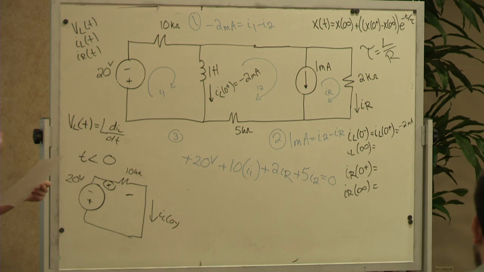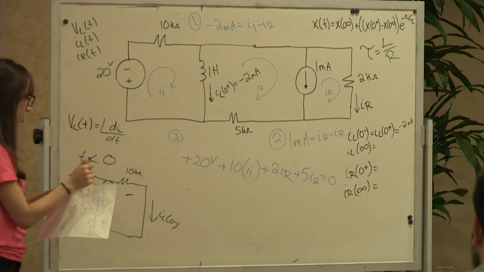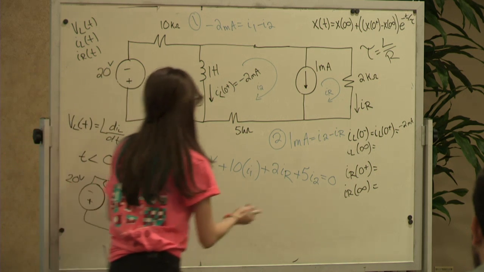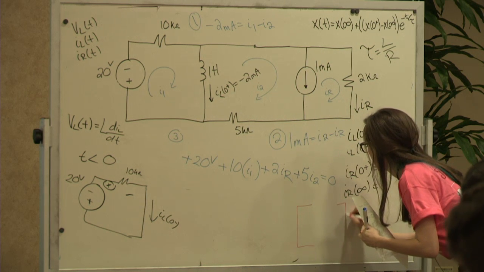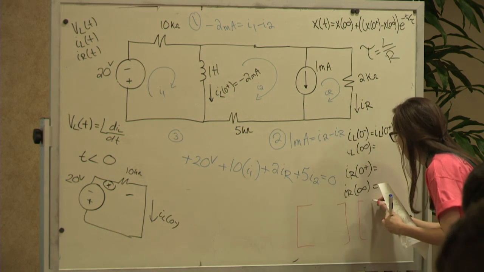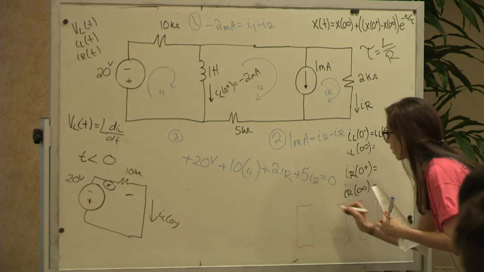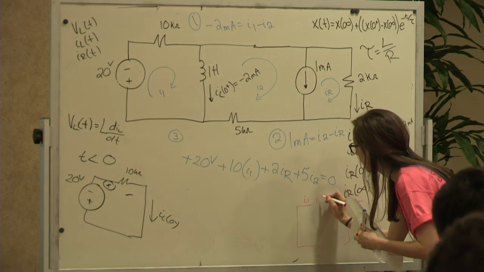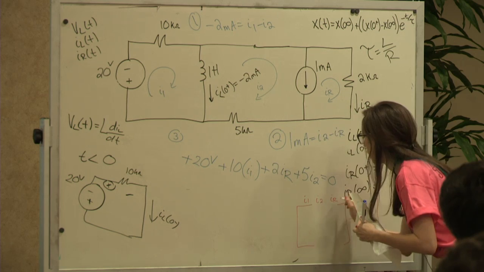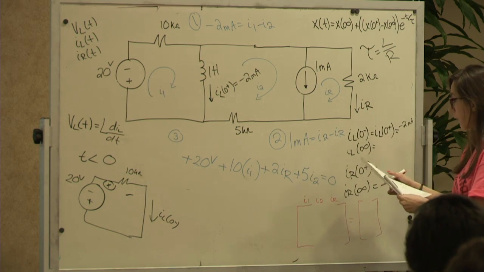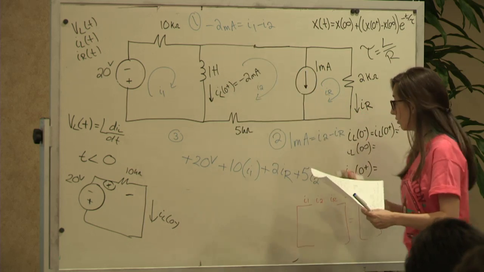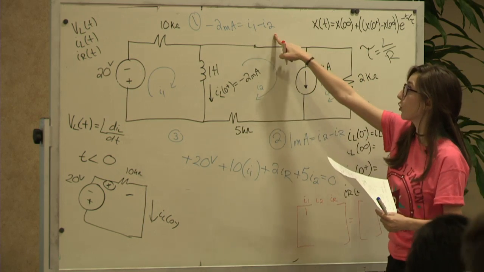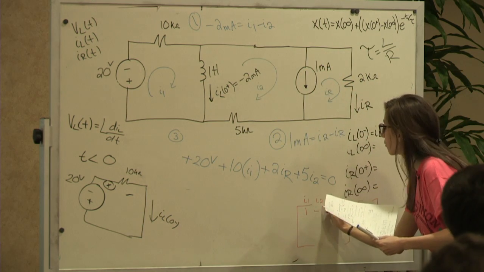I'm going to set up a matrix. I haven't set one up yet. We want to find I1, I2, and IR. For the first equation, the coefficient of I1 is simply positive 1. Coefficient of I2, -1.